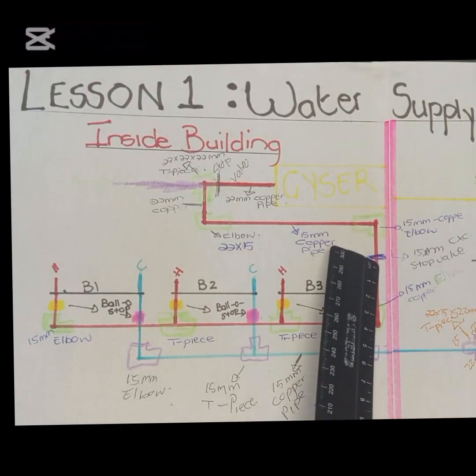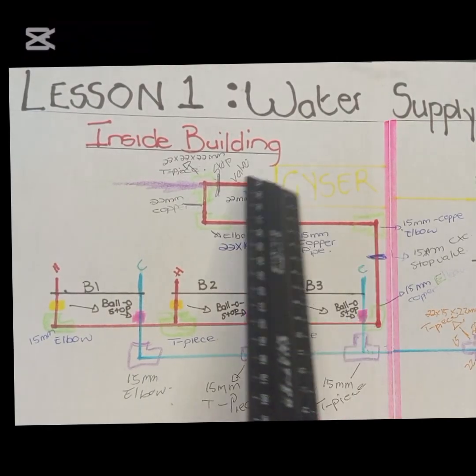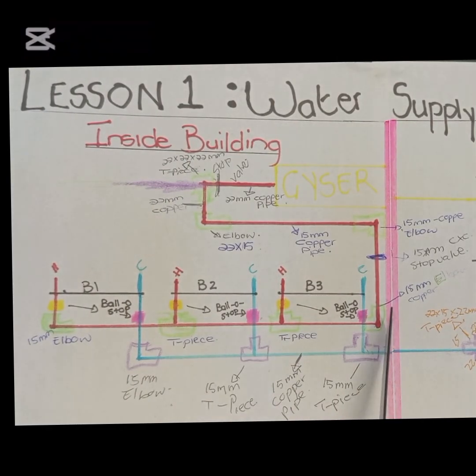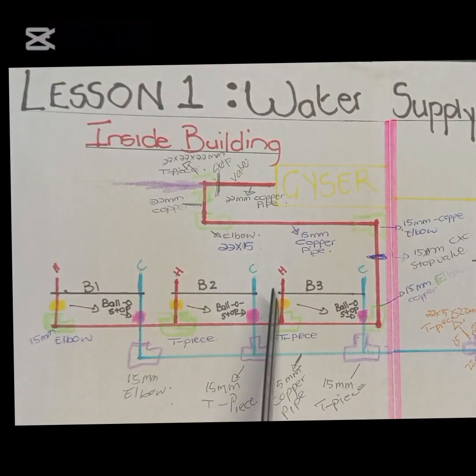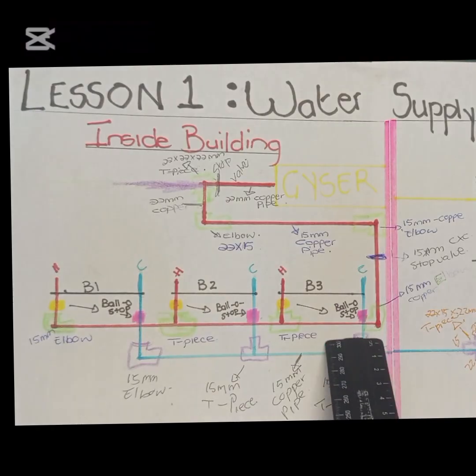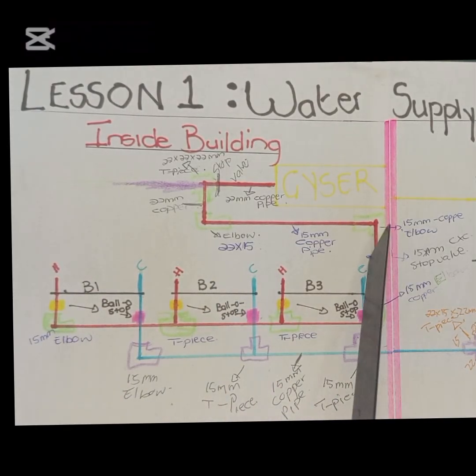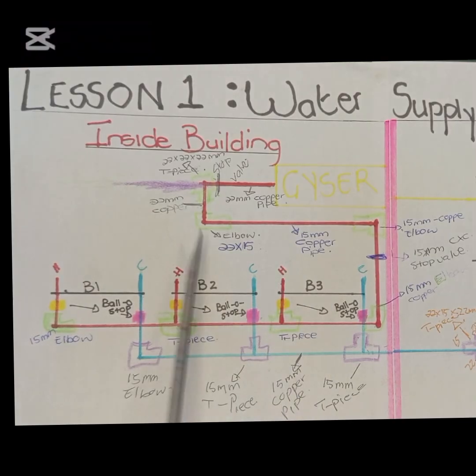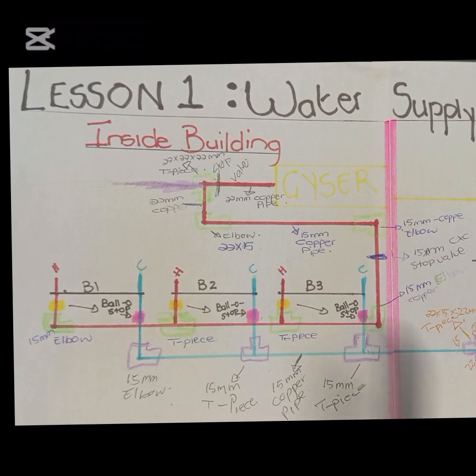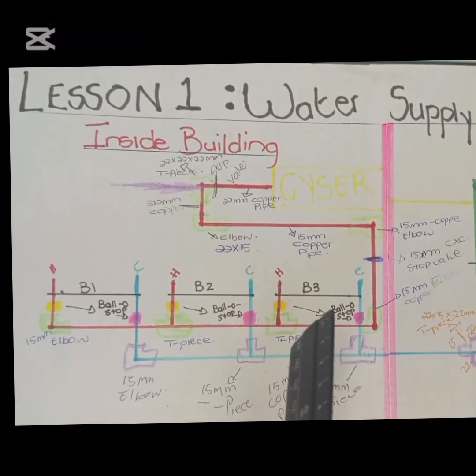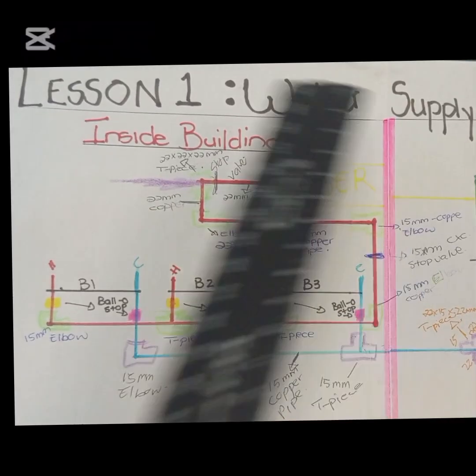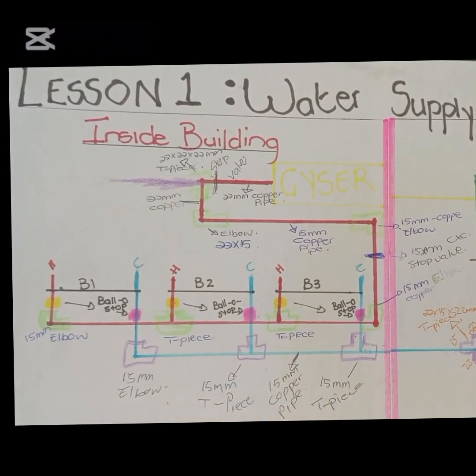The reason for the stop valve here is that should there be a problem with the hot water inlet or hot water supplier, we are able to close it here and fix the pipes going in. Sometimes this pipe will not even leak at the taps, but it will leak around this area, way before you get to the taps. So in that manner you'll be able to close it by that stop valve.